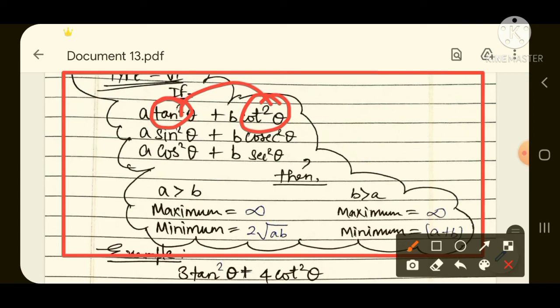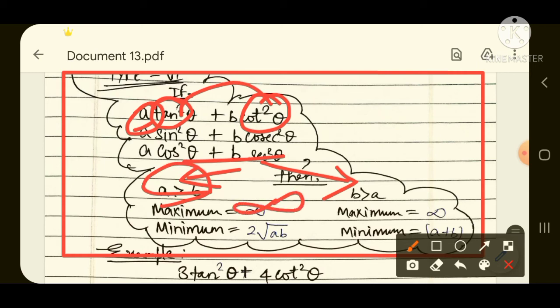Here we will get two cases. In the first case, if a is greater than b, then the maximum value is simply infinity, and if b is greater than a, then again the maximum value is infinity. So the maximum value is infinity in both cases.